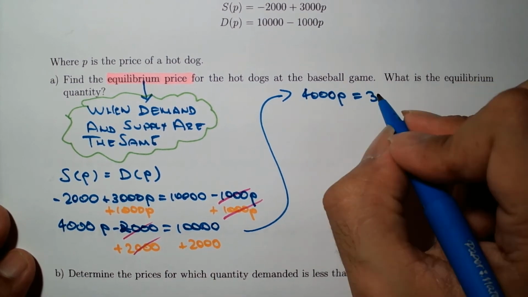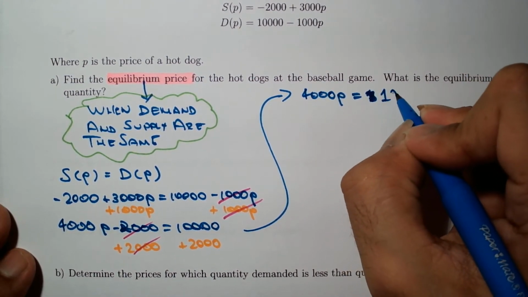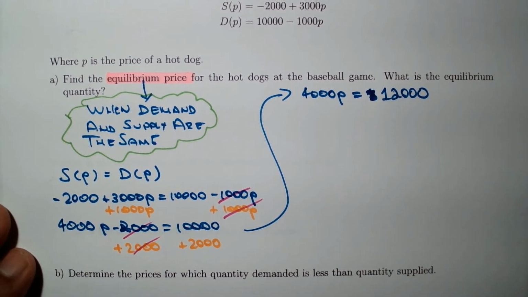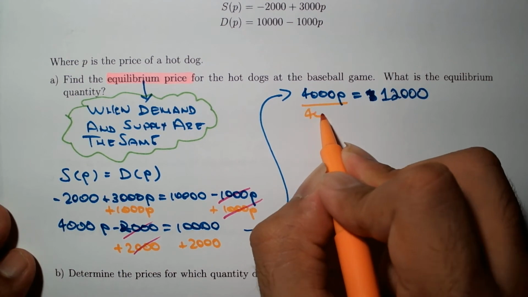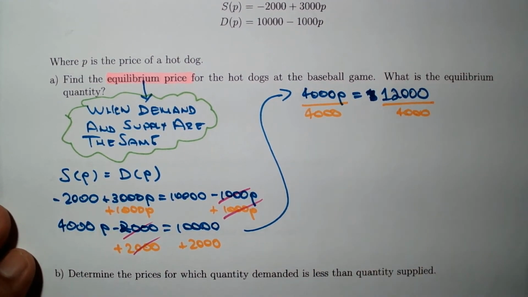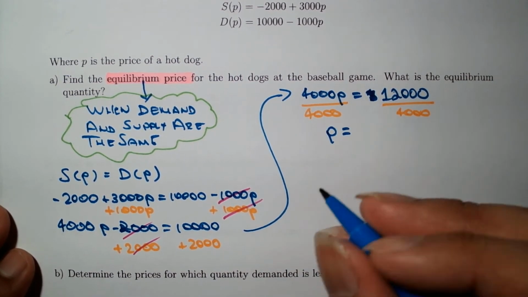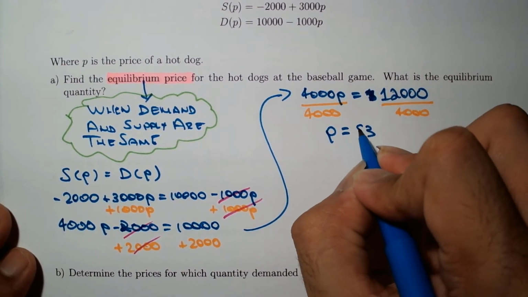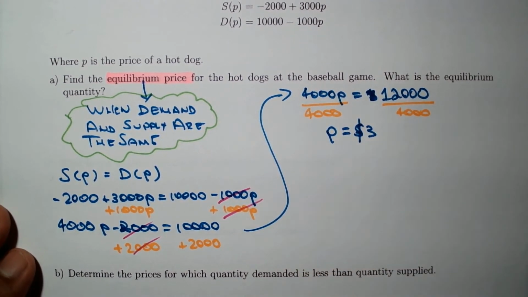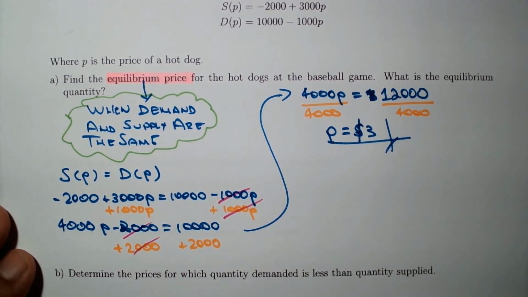It's not 3, it's going to be 12,000. And then if we divide both sides by 4,000, then we get P equals 3, which in this case we use the dollar sign because we're talking about money. So that means the equilibrium price will be $3.